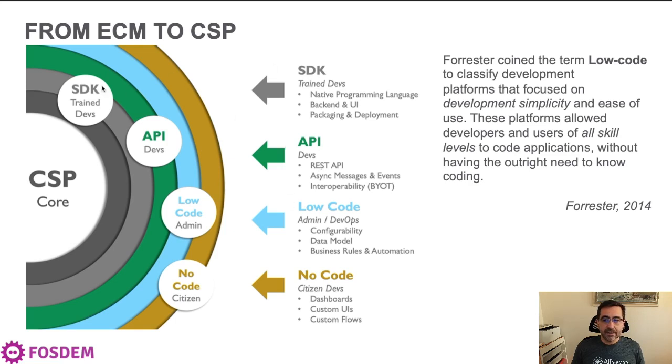The core SDK for trained developers that allows inner customizations in the product, the public APIs for developers with the ability to integrate CSP with other platforms easily, the low code for DevOps and administrators, focused on an easier customization of the product, and even the no-code level that leverages the ability of citizen developers to add new features in the platform.